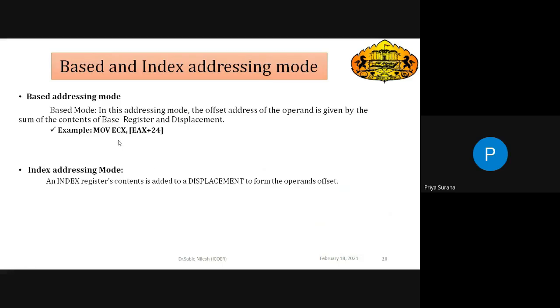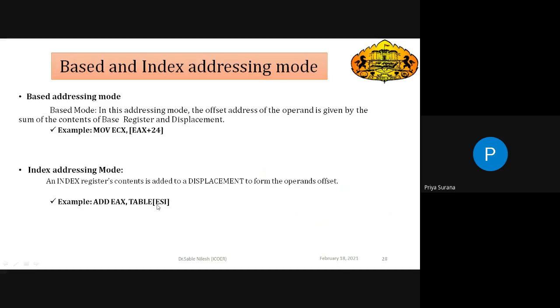Similarly, next is index addressing mode. An index register's contents are added with displacement to form the operand offset. We will check an example: add eax, variable name, square bracket ESI. From where data is going to be copied, or which data will be used for this instruction, is nothing but this ESI, which is the index register.